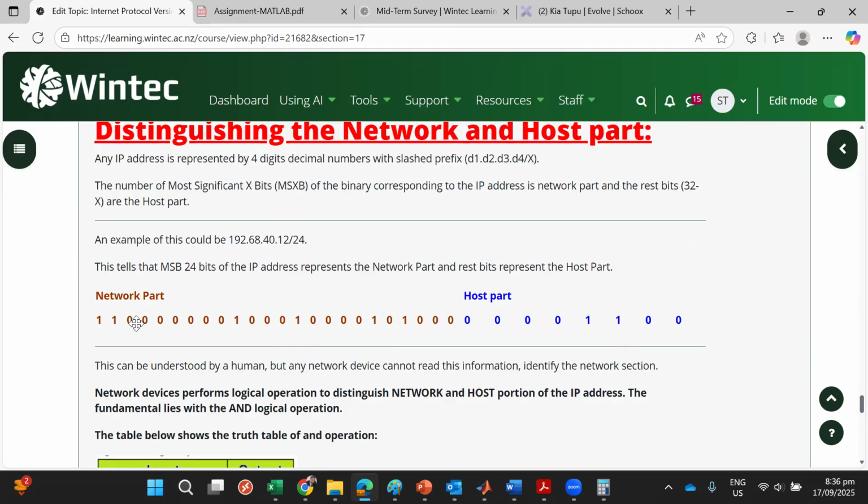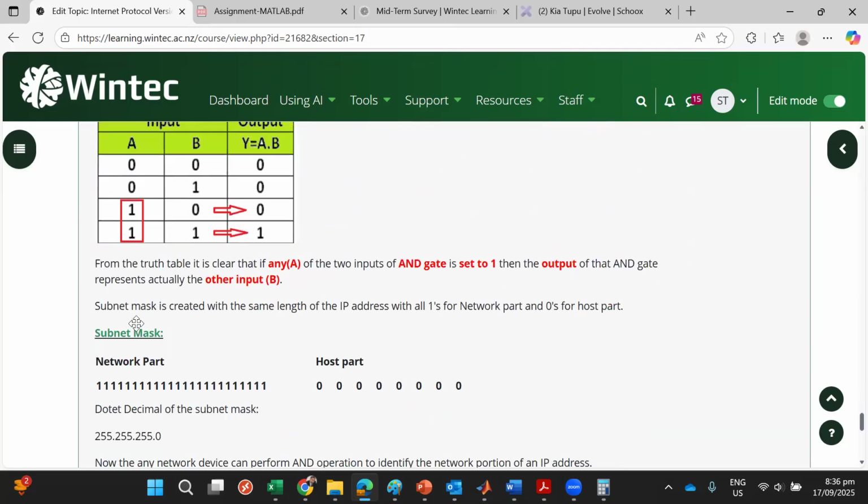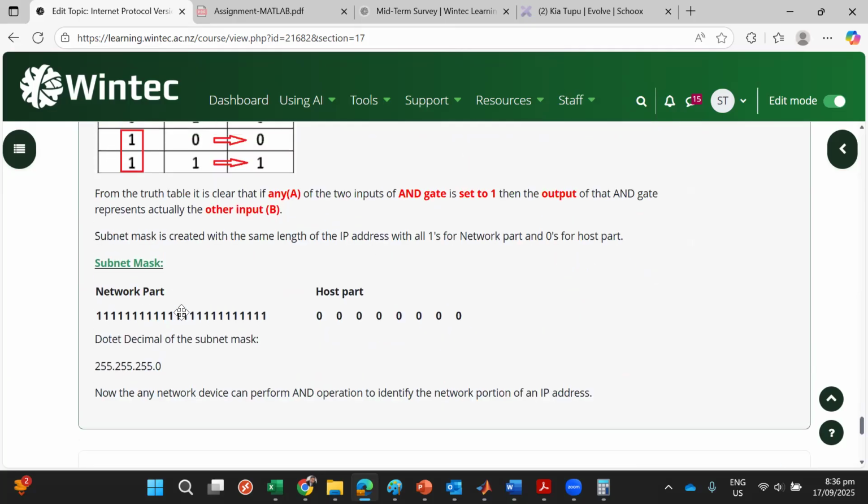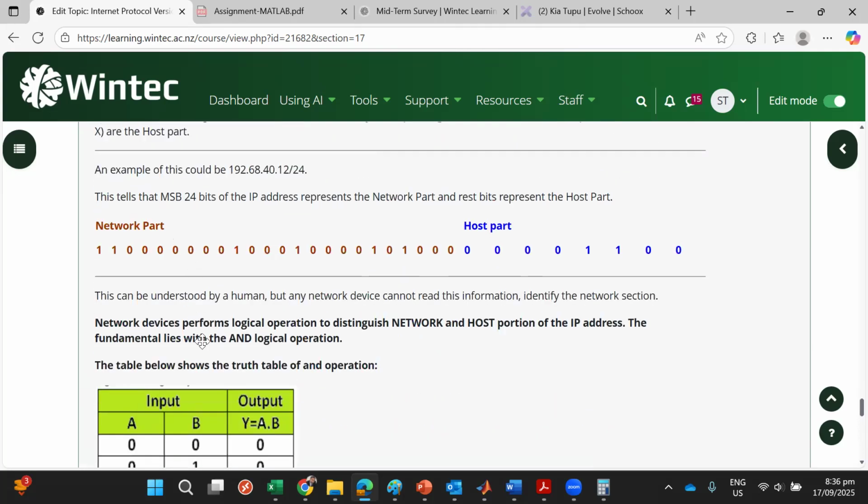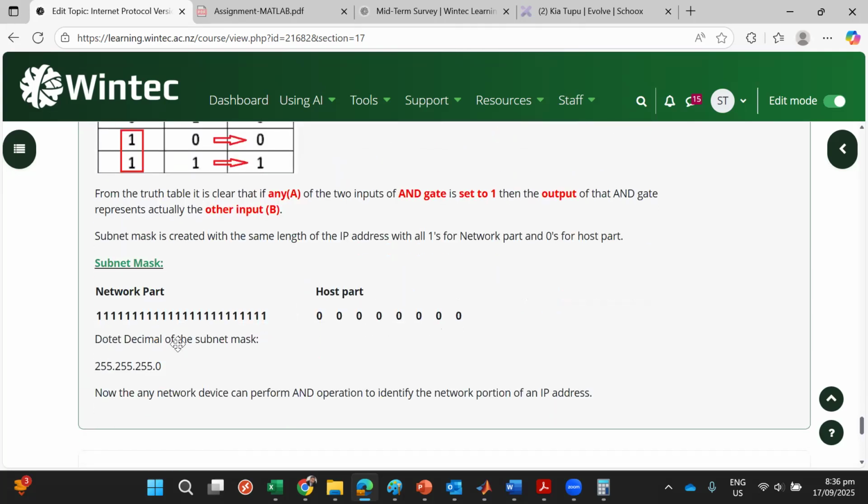Okay, I think that makes sense now. With these two, I can find out the network address. Now, the subnet mask is usually represented based on the binary number. With 24 bits all ones, each group of 8 ones is 255, so I can write 255.255.255.0.